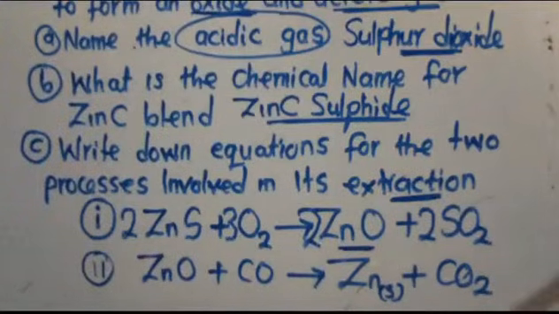You can have questions like, why is it not possible to reduce aluminium oxide to aluminium using carbon?